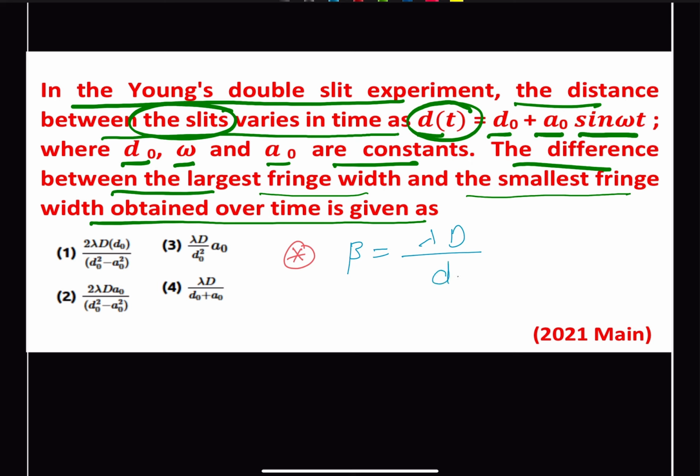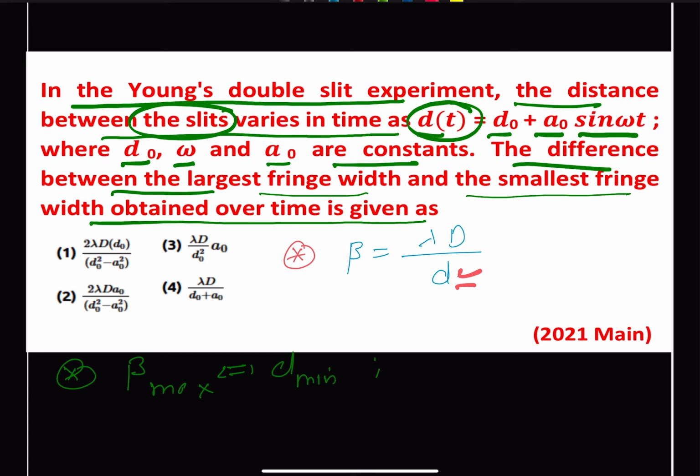It means if we want a larger fringe width, it is entirely dependent upon this small d, so from here we can say that our beta will be maximum if our small d is minimum.